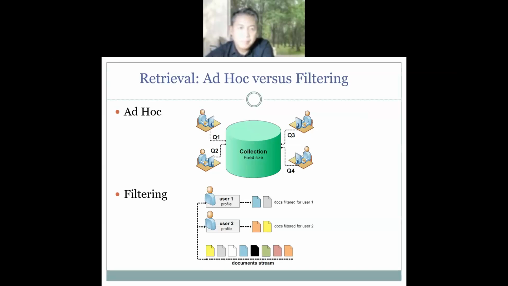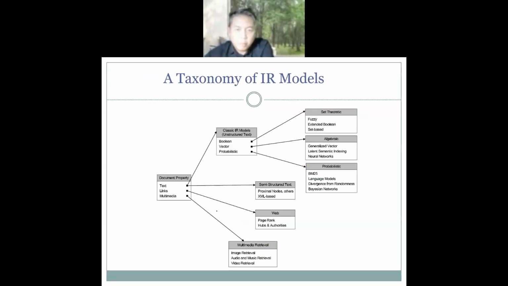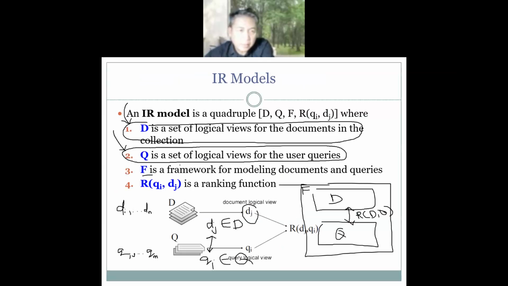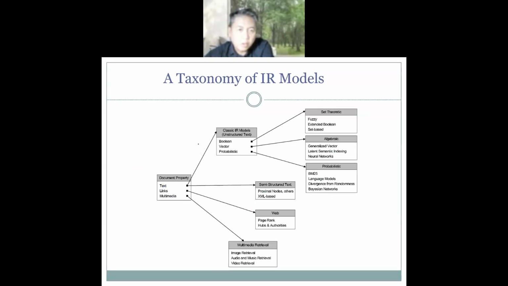Okay. But before we proceed, there is a subjective argument here. When we say the document, the document could have certain properties like the text or the images, or the link to other documents. Okay.